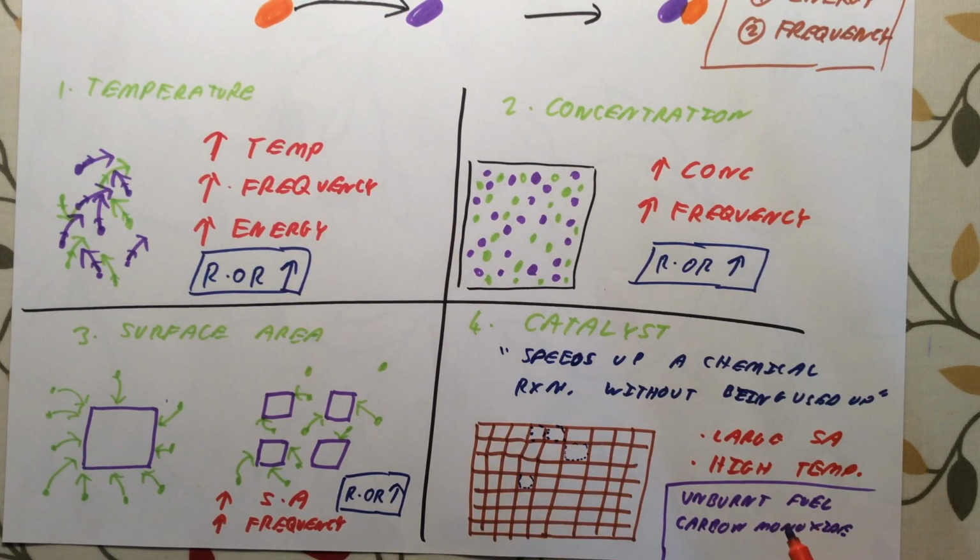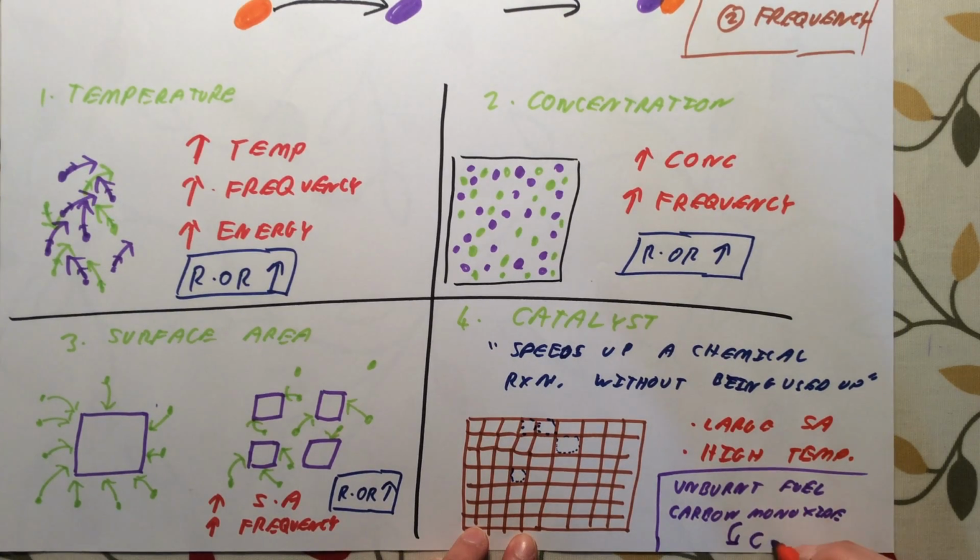It actually does several other jobs as well. It reduces the amount of sulfur dioxide that cars give out. But the two that are on the spec for the exam, the catalytic converters break down or remove any unburnt fuel and carbon monoxide, and it turns them into carbon dioxide and water, H2O.